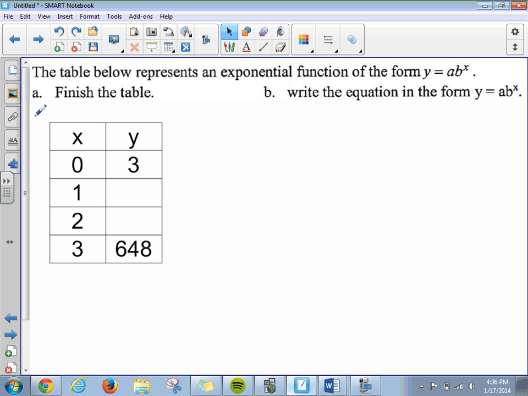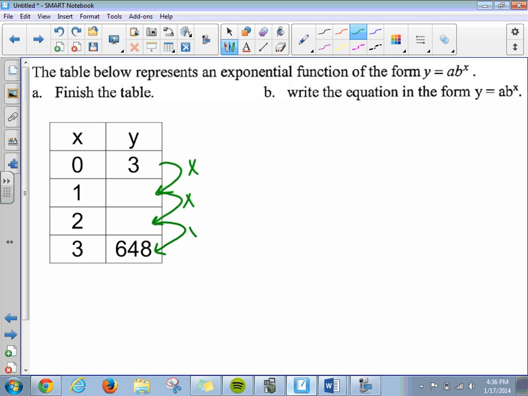So if we're filling in that table, we want to try and figure out the pattern. We know that we're talking about something that's geometric, and so therefore it's going up by some type of multiple. But we don't really know what that is right now. So when we don't know what something is, we leave it as a variable, which is our x.